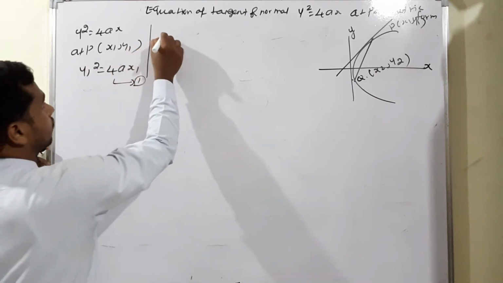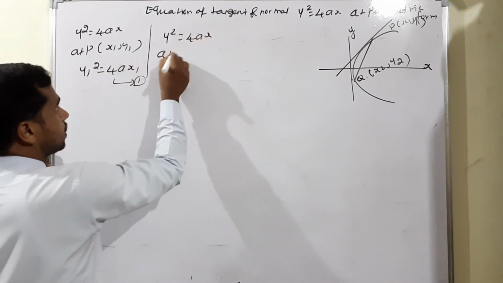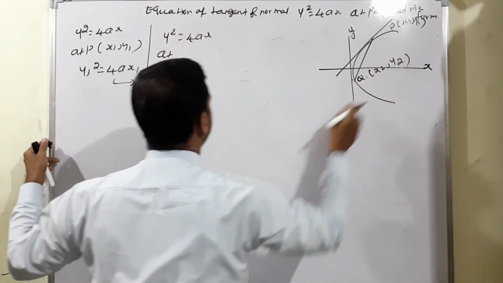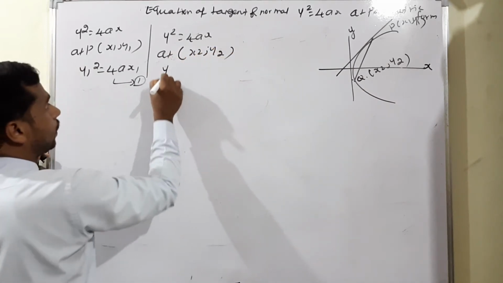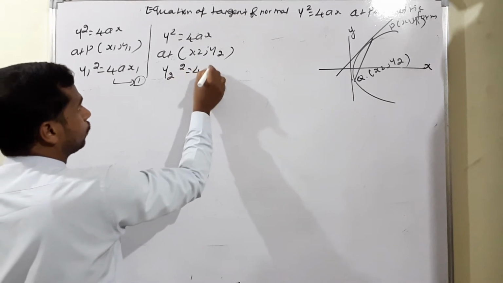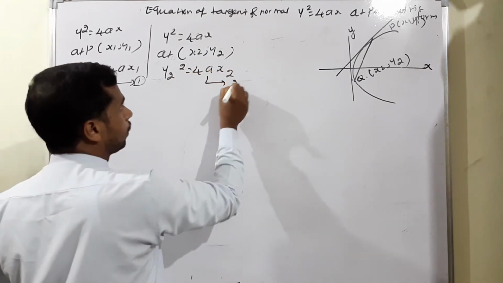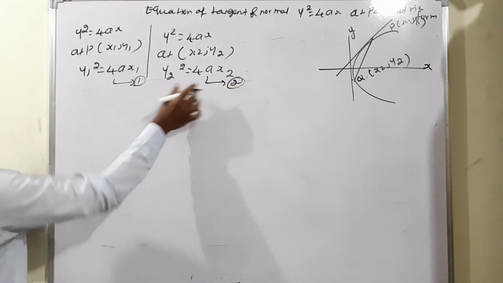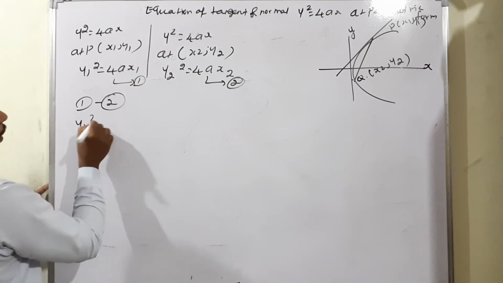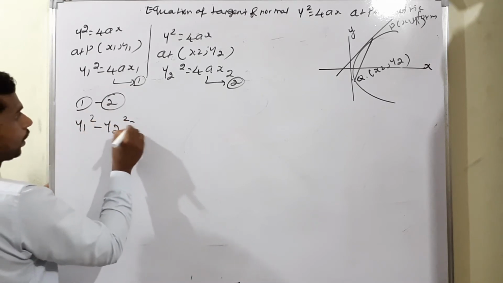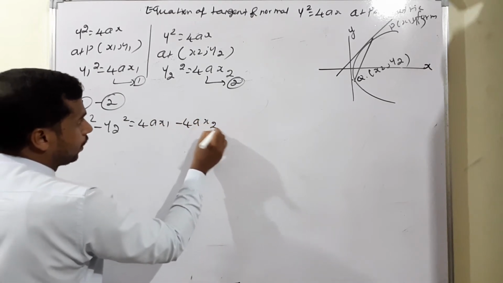For the same curve at the point x2 comma y2, we write y2 square is equal to 4ax2. This is equation number 2. So equation 1 minus equation 2 gives y1 square minus y2 square is equal to 4ax1 minus 4ax2.